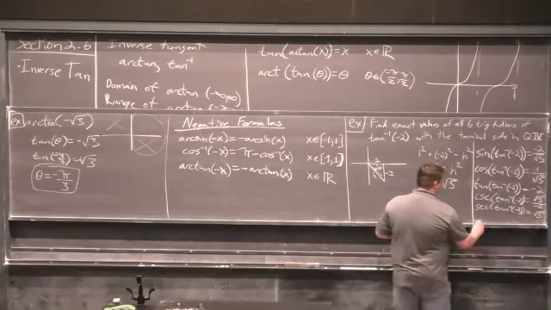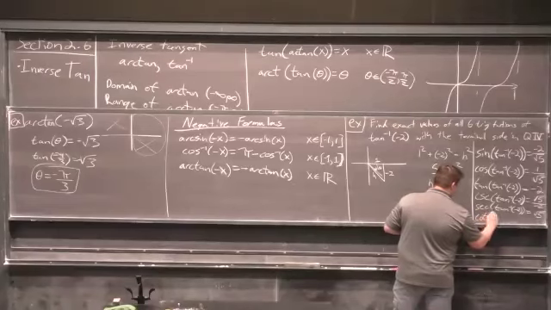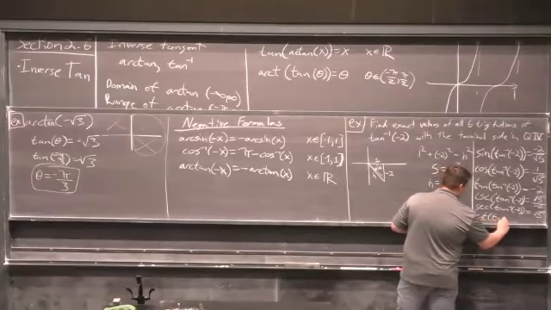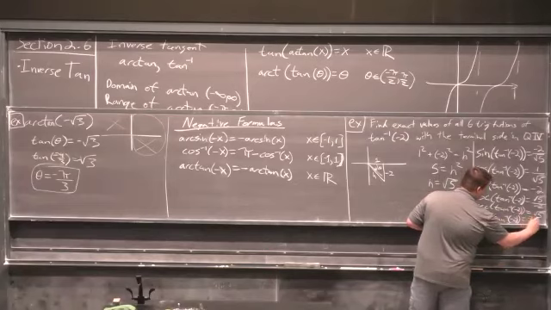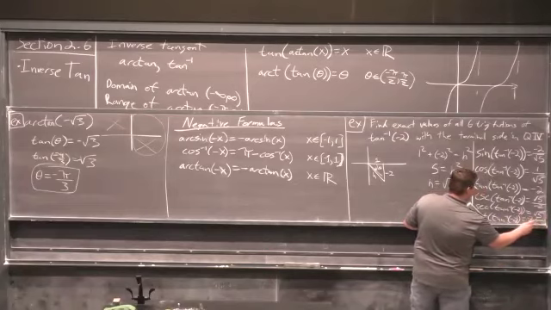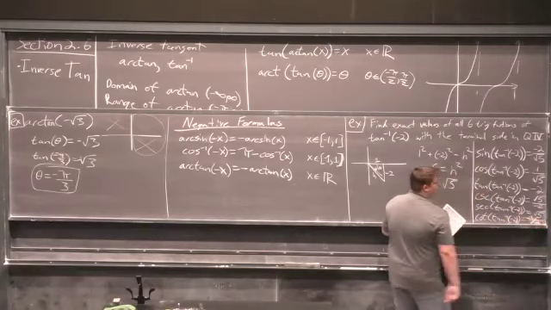And finally, cotangent of tangent inverse of -2 would be just -1/2.